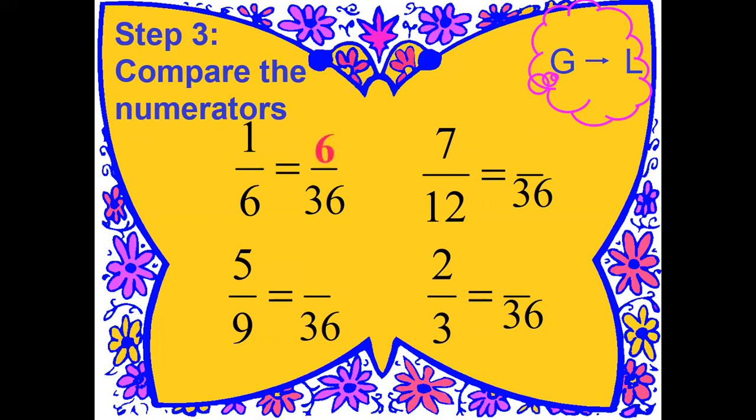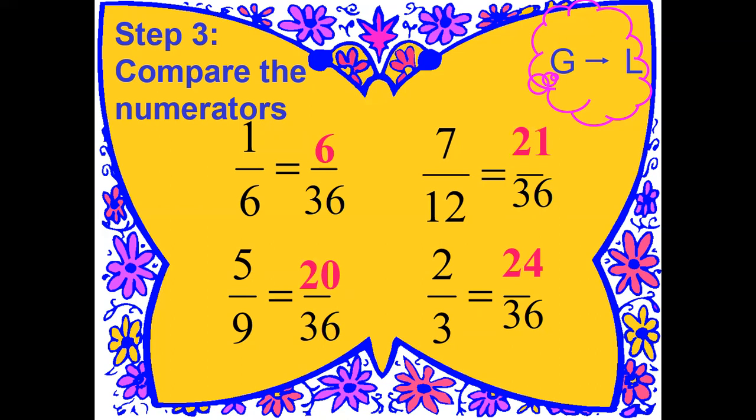So for 1/6, it's equal to 6 over 36. 2/3 equal to 24 over 36. Now, 5/9 equal to 20 over 36. And 7/12 is equal to 21 over 36.